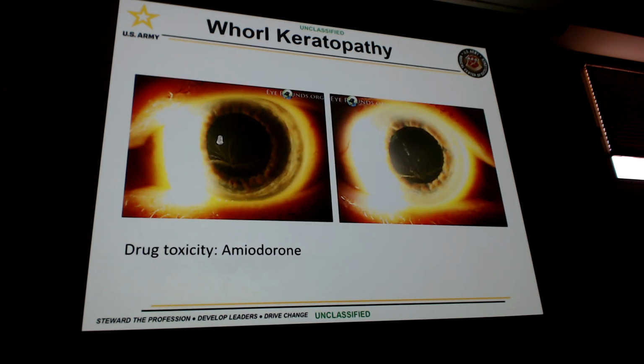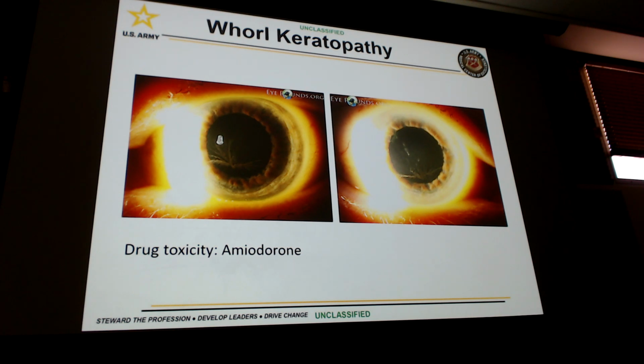Again, it looks exactly like this, kind of whorl-shaped pigmentation in the cornea. Not visually significant to these patients. We just refer them back to whoever's prescribing the amiodarone to have them reduce the amount or change out the drug. And once they do, then that whorl is going to go away usually.